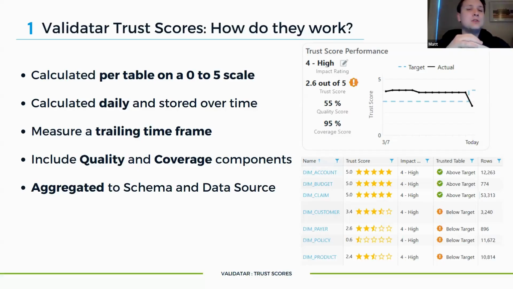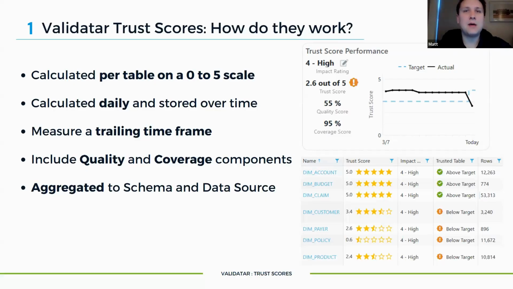Right now, the 2 that feed it are quality and coverage. We may expand on that in future releases with some documentation components and things like that, but for now, it is defined as quality and coverage. And then, we're calculating this per table, but we can aggregate them up to the schema or the data source level to get averages and counts and so forth.